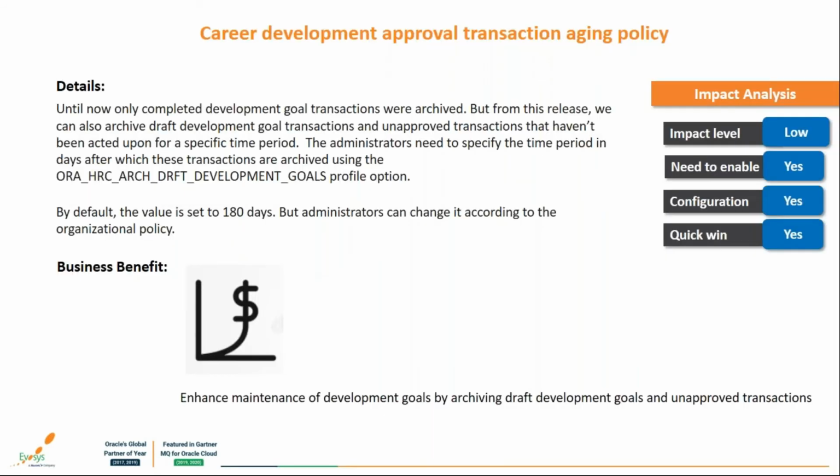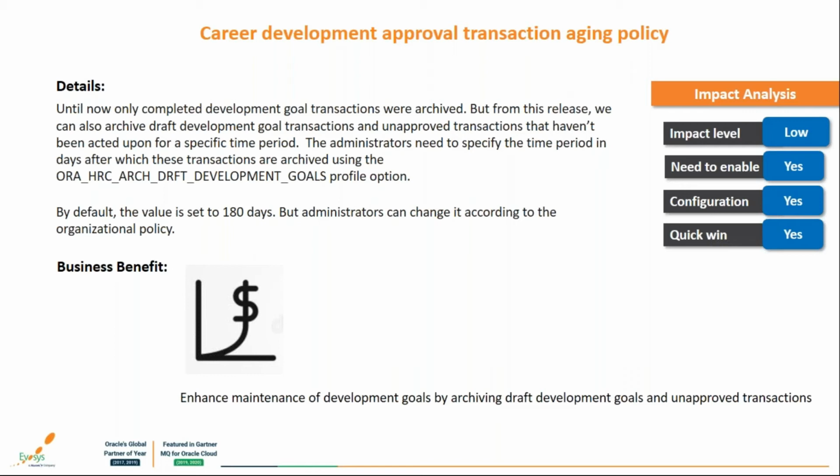So the first one is the Career Development Approval Transaction Aging Policy, a very long name. What this feature does is, initially, only the completed development goal transactions were archived. But what Oracle has helped us do is that from this particular release, we can archive even draft development goal and unapproved transactions.